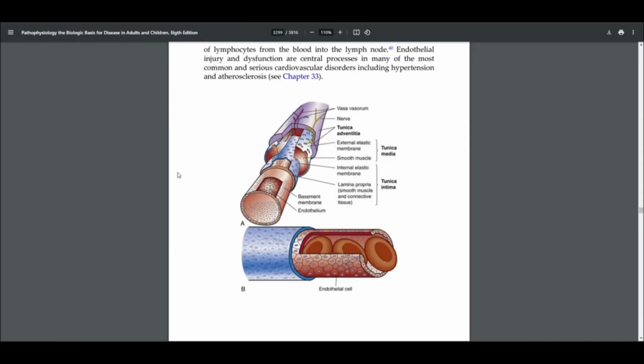So again, we see our vasa vasorum, the nerve, and the tunica adventitia, the outermost section. Then we have our tunica media, the middle section, and the tunica intima, the innermost section, which shows our basement membrane and endothelium.